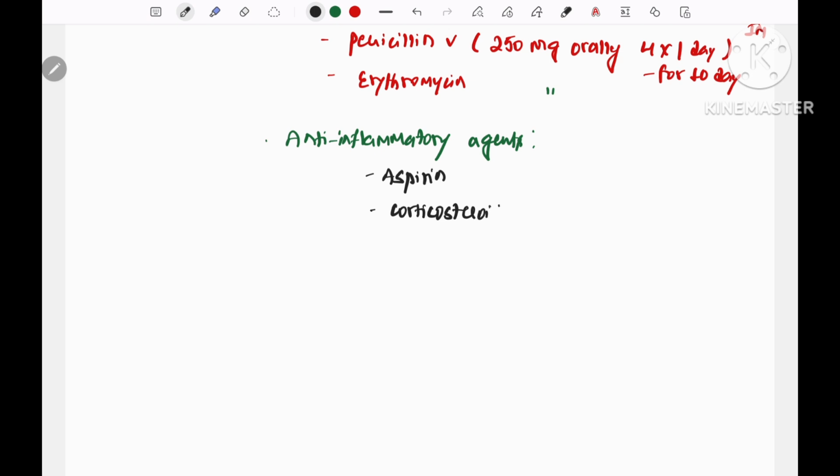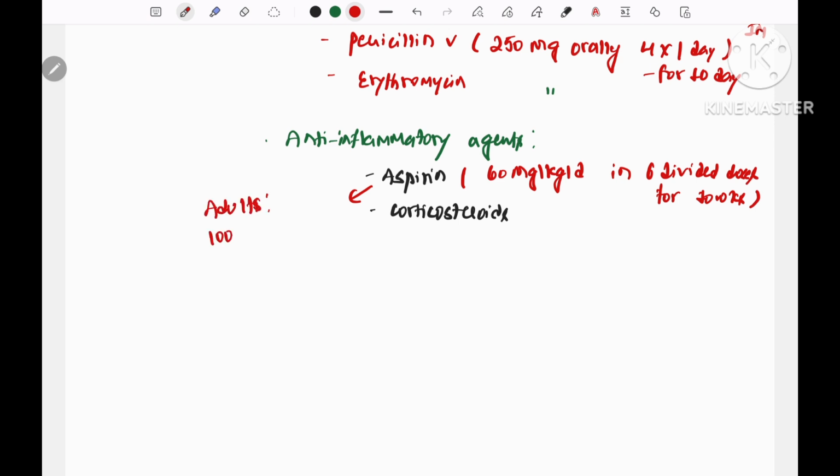For aspirin, we give a dose of 60 mg per kg per day in 6 divided doses for 10 weeks. And in adults, the dose is 100 mg per kg per day in 6 divided doses for 10 weeks.